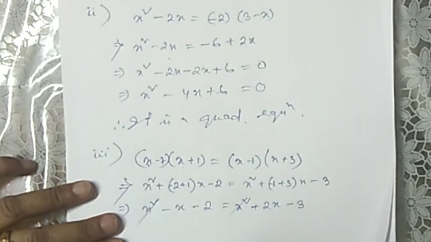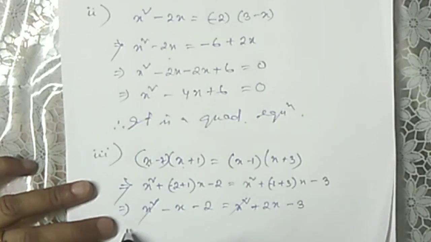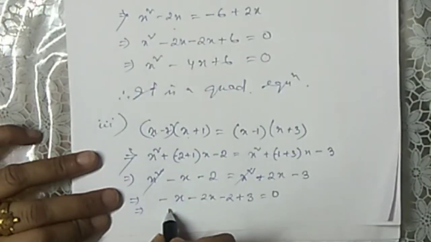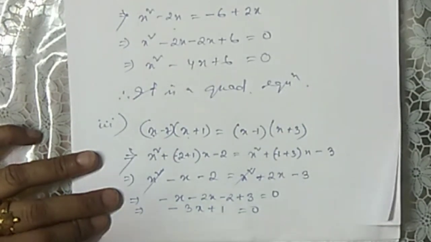From both sides, as these two are similar terms, they can be cancelled. Thus here remains minus x and plus 2x. While shifting, it will become minus 2x, minus 2 will remain here, minus 3 will come to the left side. Thus we have got minus 3x plus 1 equal to 0.